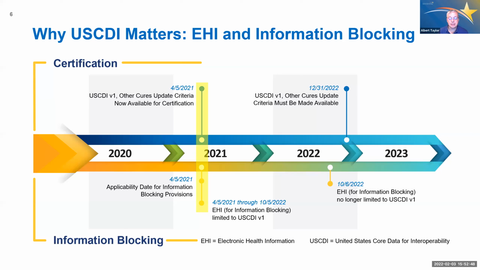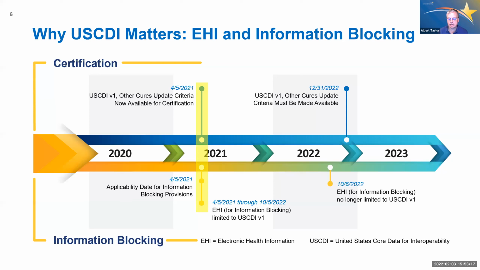And so the USCDI criteria and the other Cures Act criteria were now available for certification as of April of last year. Another thing that happened on April 5th of last year was that the information blocking provisions kicked in, which said that information sharing is the norm, and information blocking would be subject to some civil penalties.